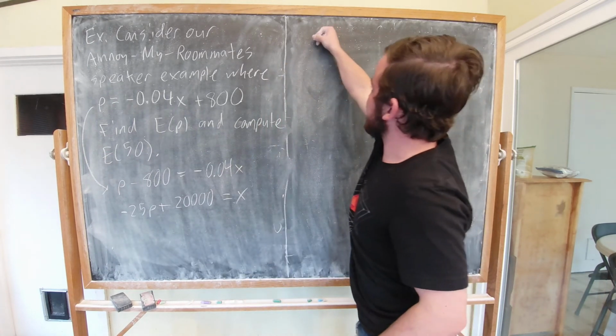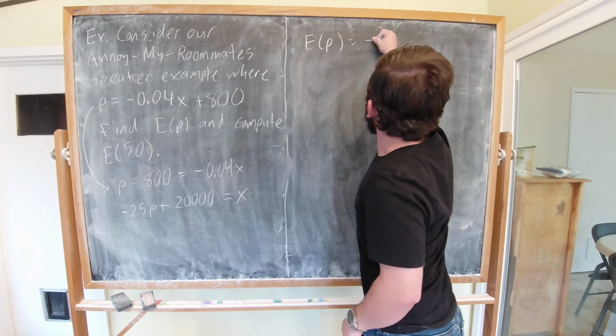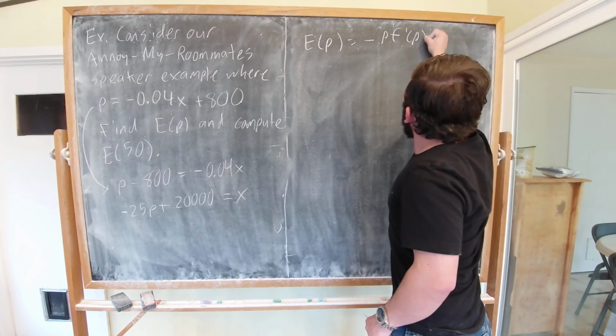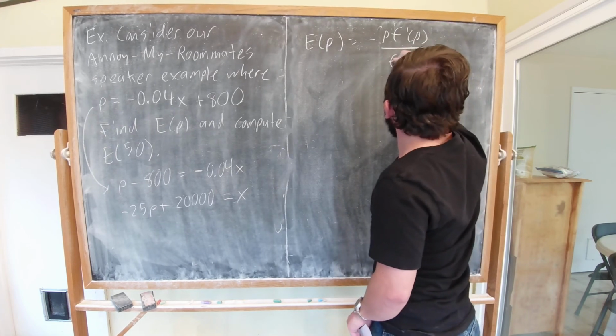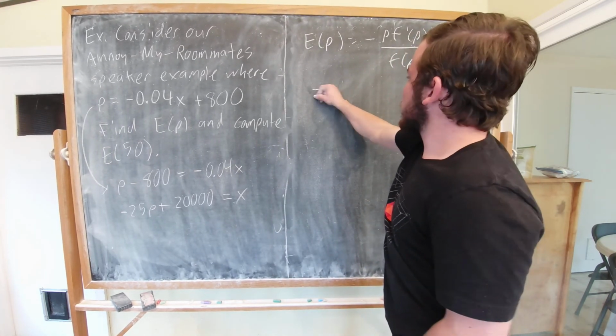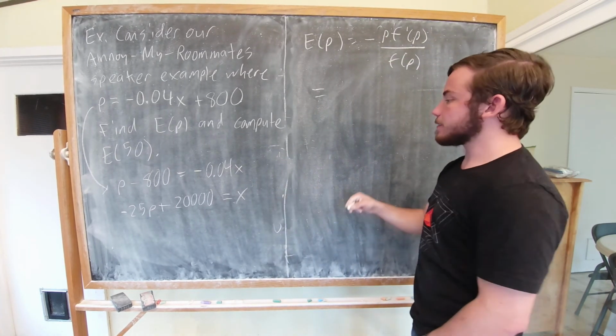So, by definition, E of p is equal to negative p times f prime of p over f of p, which in this case, right, we need dx dp.